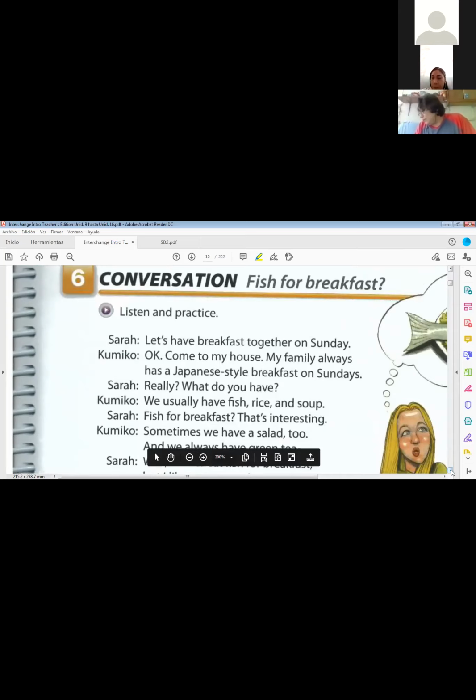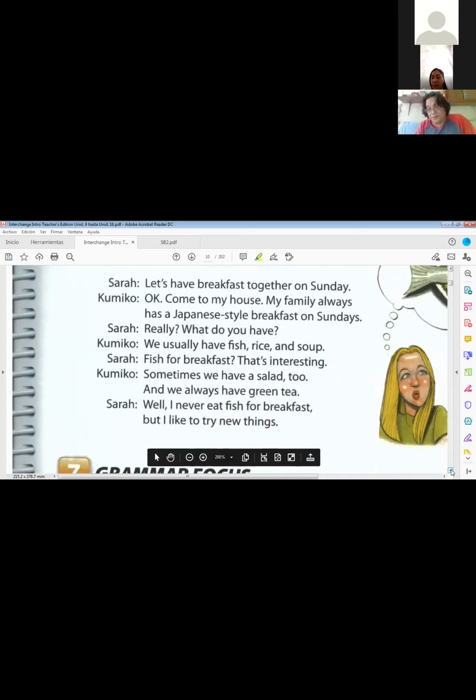Okay. Take a look at this conversation here. We have this sentence: we usually. What is this? Subject pronoun, right? And what goes after the subject pronoun? Frequency adverb. And after the frequency adverb? Verb. Okay.